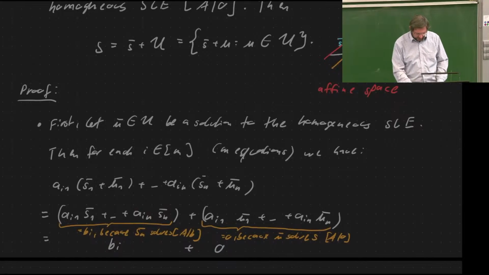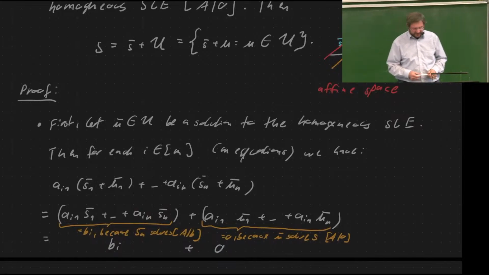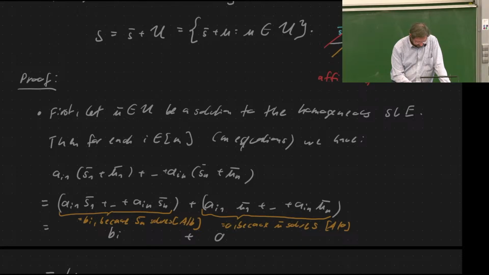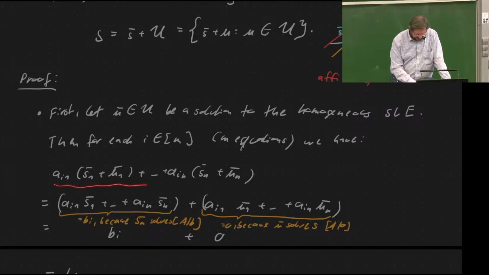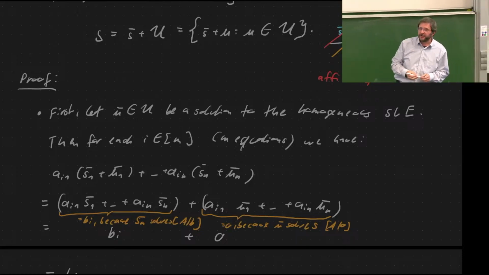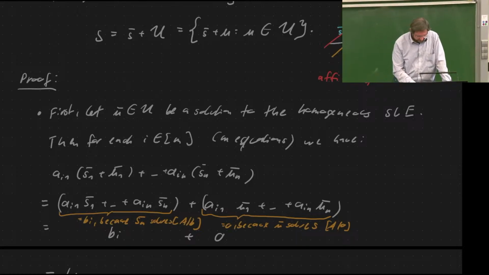All right, and just a quick look at the proof. Why is this the case? Well, if I have the set of solutions for the homogeneous system, then let's take any equation in the system, so any row i, and try to substitute S bar plus any solution in U into that system. It looks like this here.